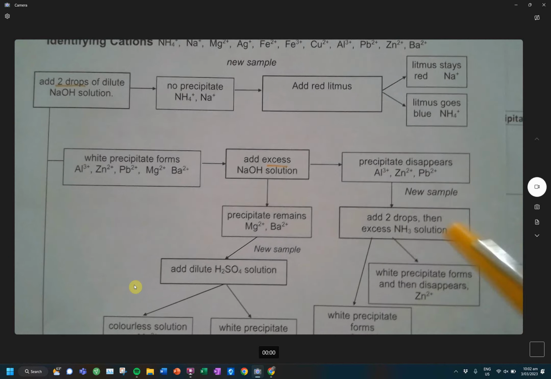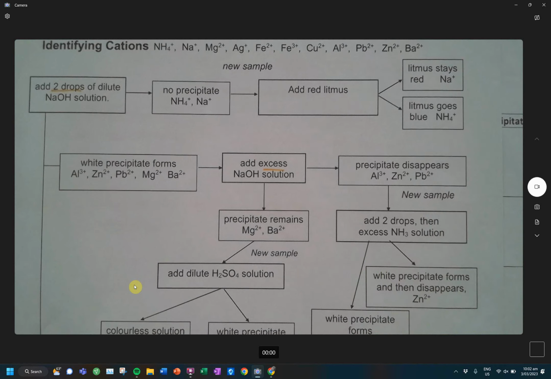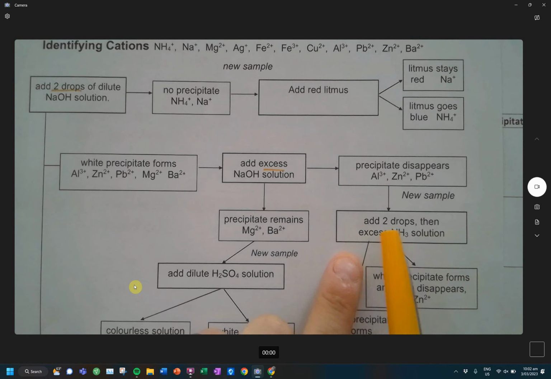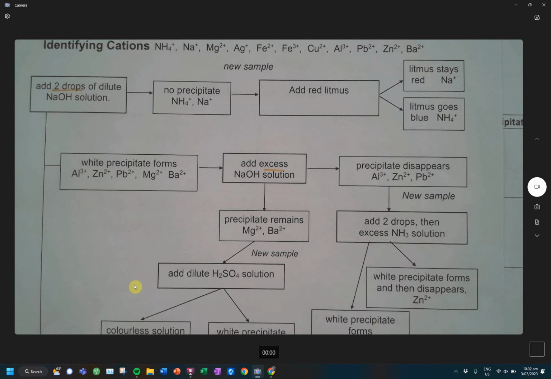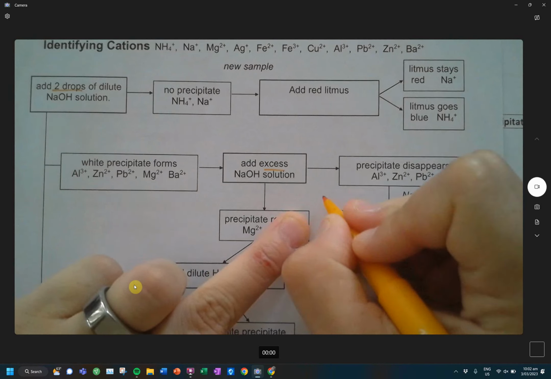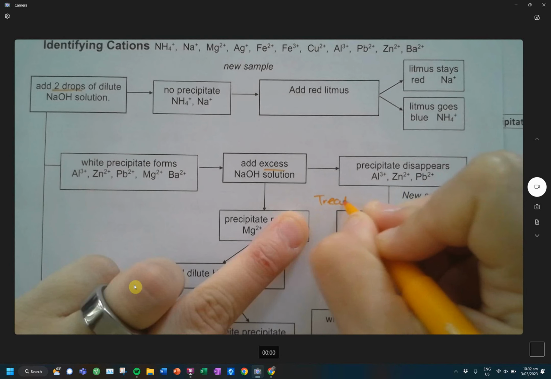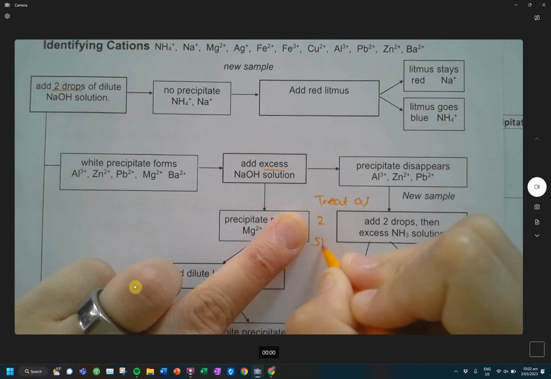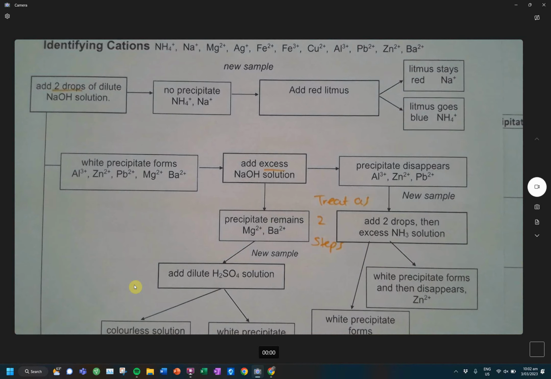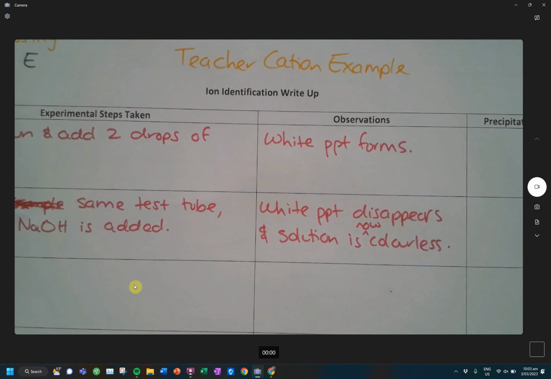All right. Next thing I do is take a new sample, and we're going to do the same thing again, but in this case, we are doing it with ammonia. Be mindful, it says 2 drops, then excess. I would treat this as 2 steps. So when I write it up on my sheet, I'm going to write it up as 2 steps. So first thing I'm going to do is take my unknown.